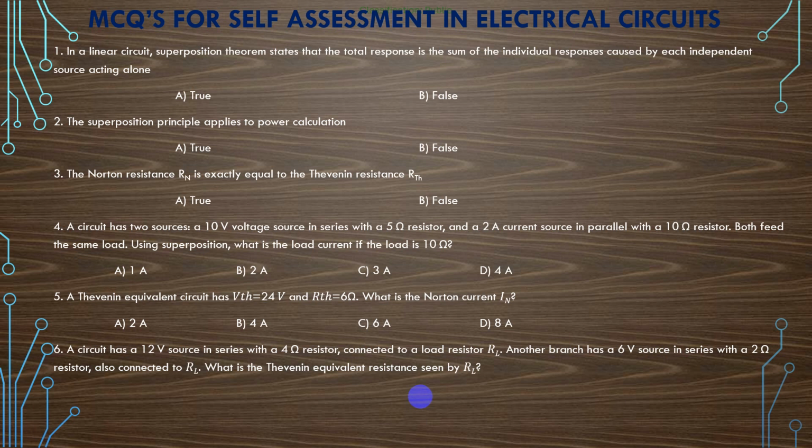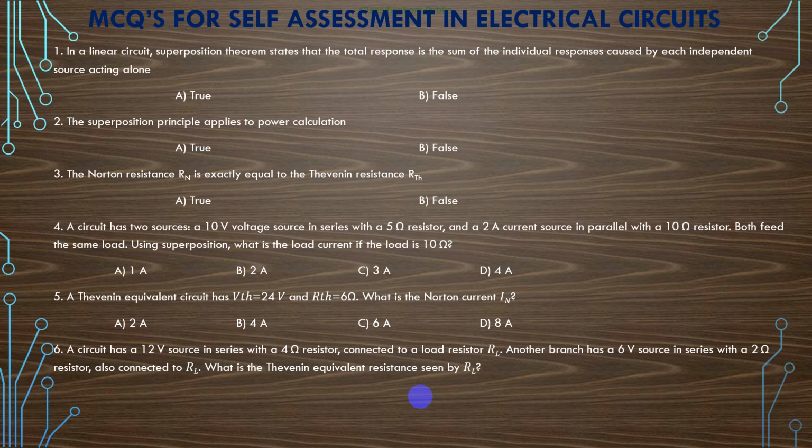So on the left hand side one circuit is there, on the right hand side another circuit is there. 12 volts and 4 ohms in series, and there is a load resistance. On the right hand side, a 6 volts source in series with 2 ohms. In between, the load resistance is there, right?